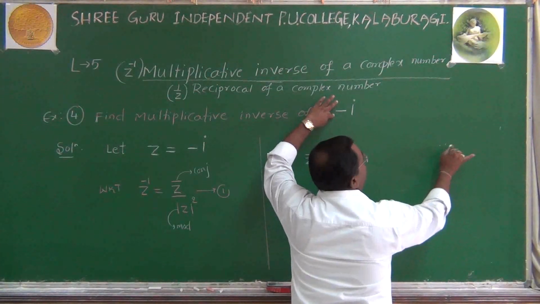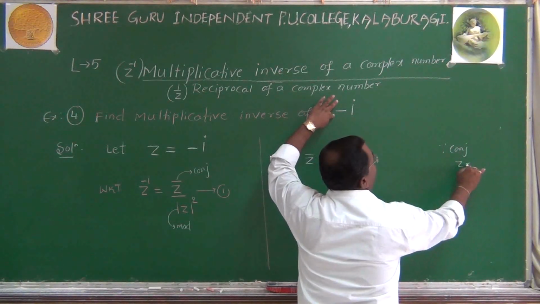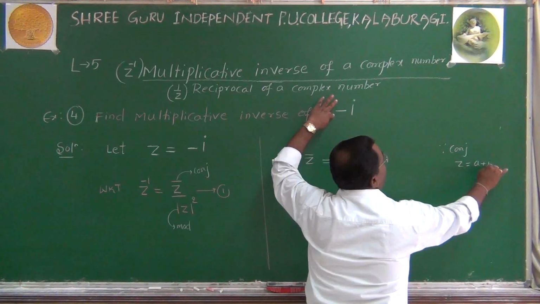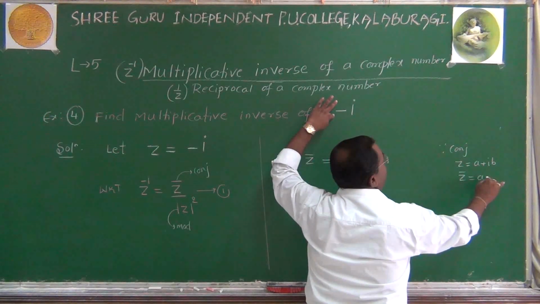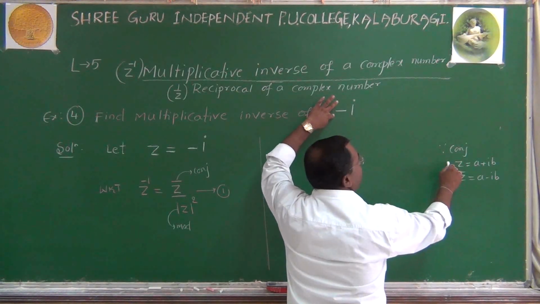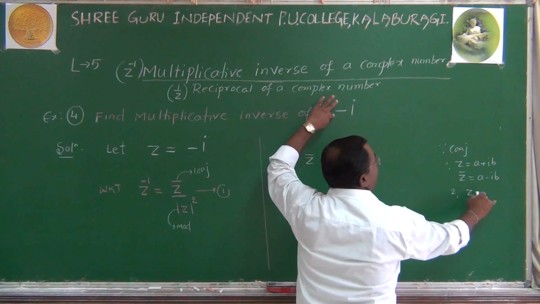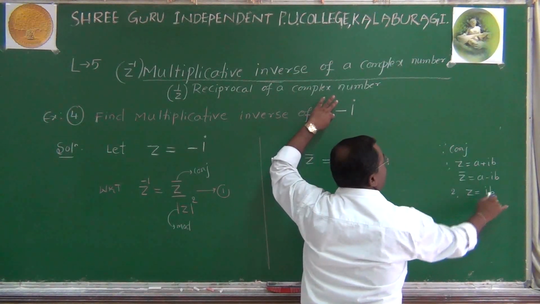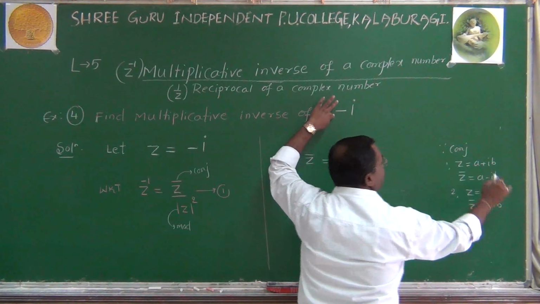Because that is the conjugate definition: z is equal to a plus ib, z bar is a minus ib. Understood? Suppose z is equal to only ib, then z bar is minus ib. Clear?